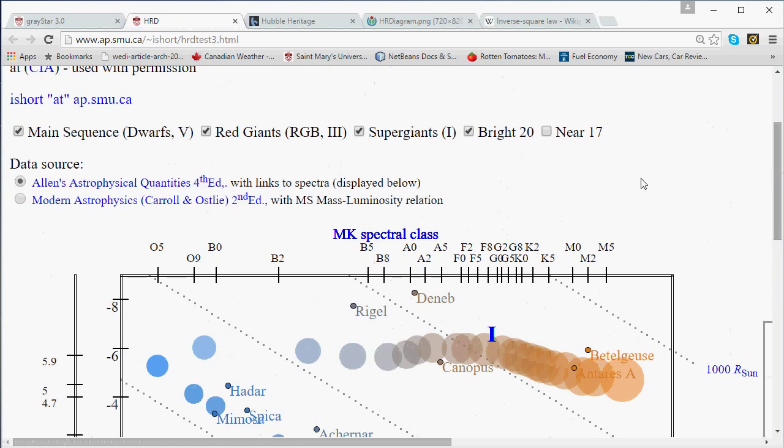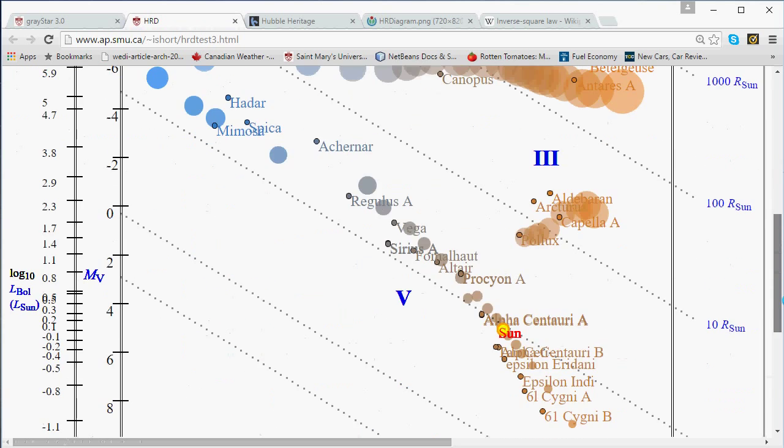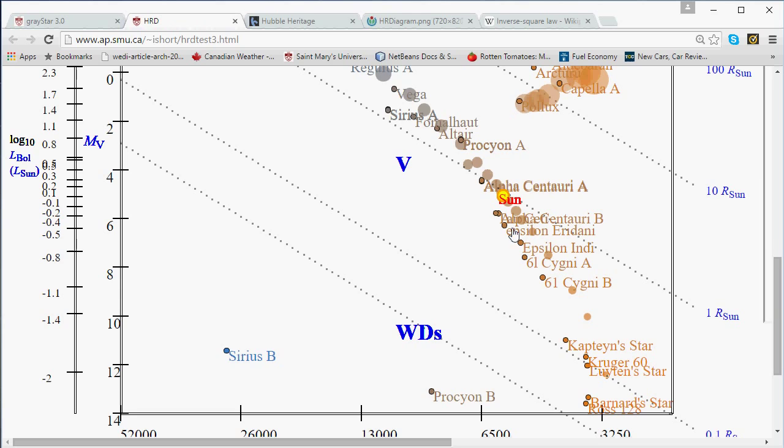And we can also come up here and turn on the nearest 17 stars. These are not stars that are necessarily going to be bright in the sky, because they may have a very low luminosity, but they are stars that are nearby. If we click those on, a lot of those are stars that lie down here in the lower part of the main sequence.